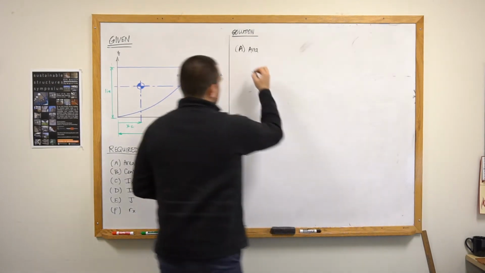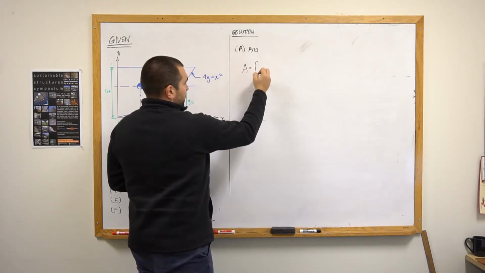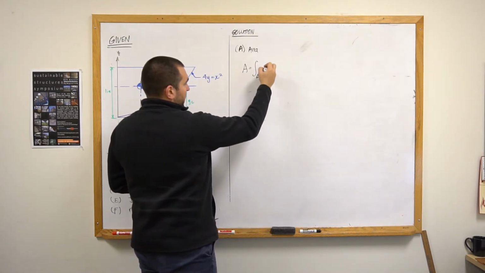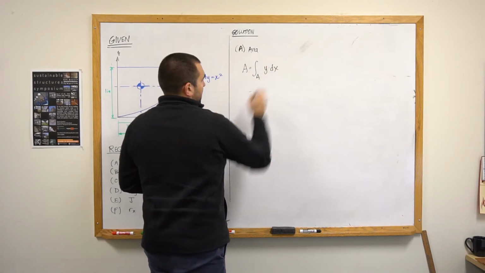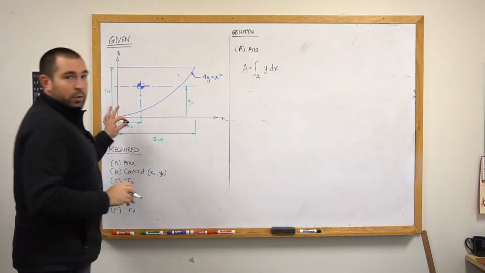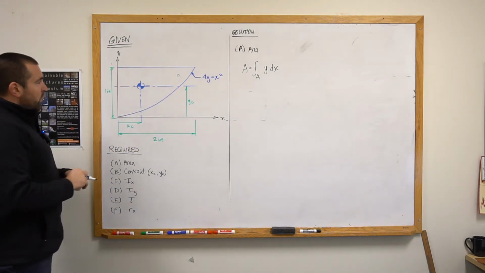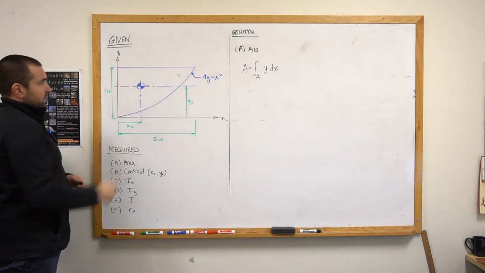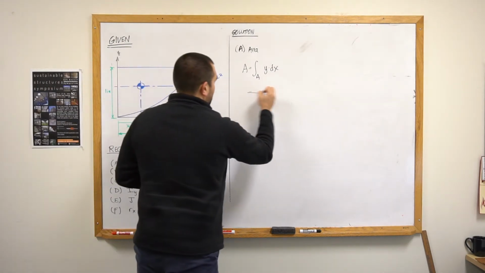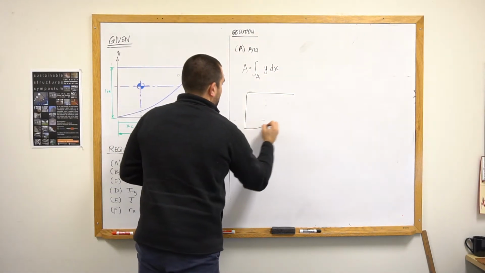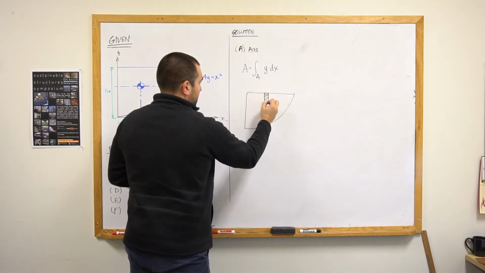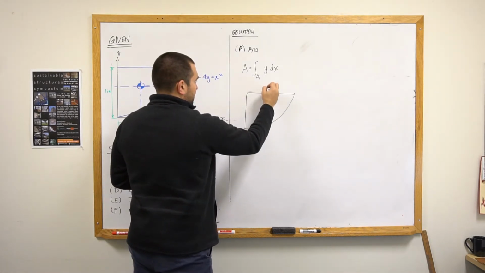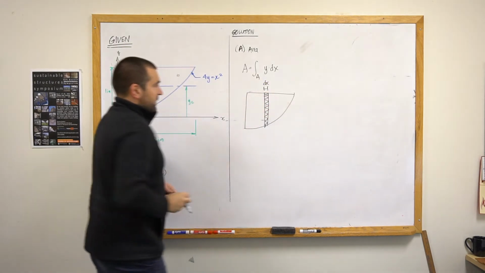So again, area equals the integral over the entire area of y times dx. If we're looking at our shape over here, we're talking about a vertical slice through it. And this vertical slice has a width of dx.